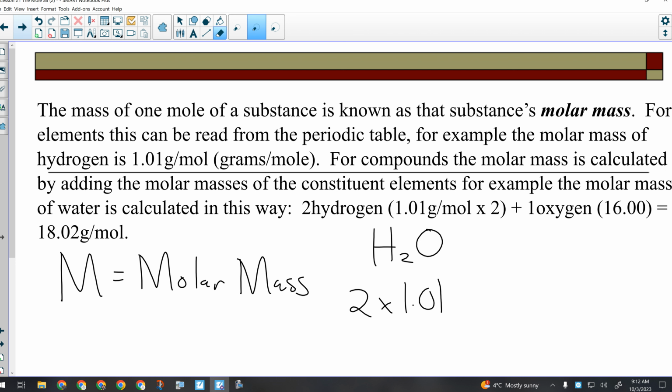And I'm going to add that to oxygen, 16. So that tells me if I have 1 mole, or 6.02 times 10 to the 23 molecules of water, I will have 18.02 grams of water. Its molar mass would be 18.02 grams per mole.